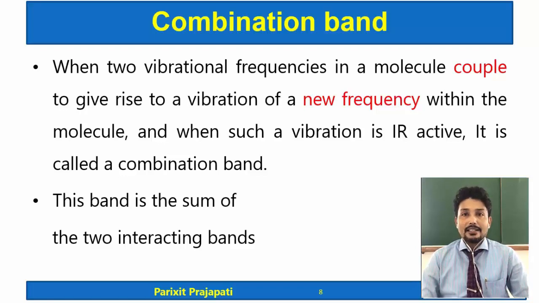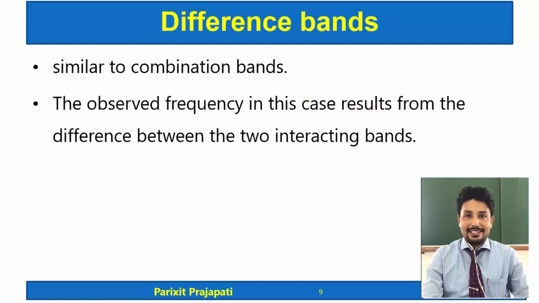If that coupling, combination, interaction is IR active, then it will give rise to a new absorption band at 1300 centimeter inverse. So this is combination band. It is interaction between two fundamental vibrations.